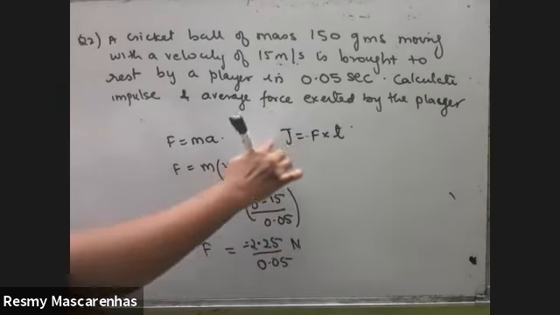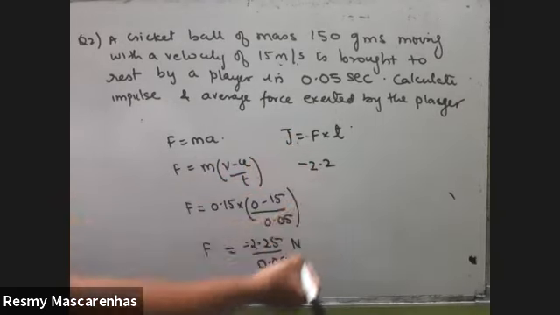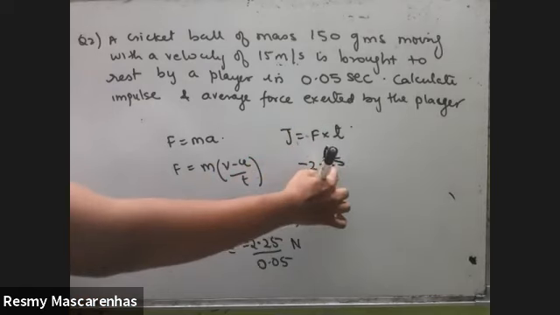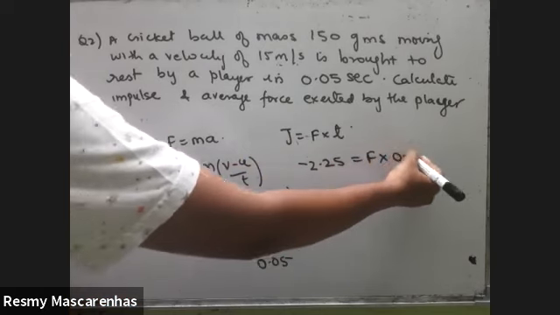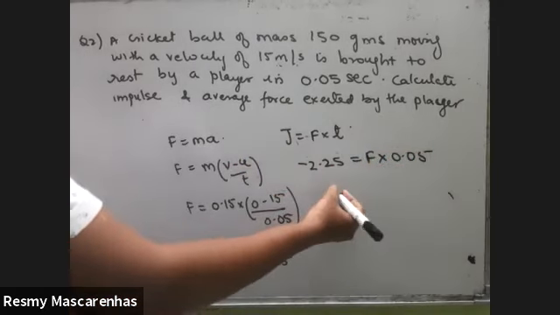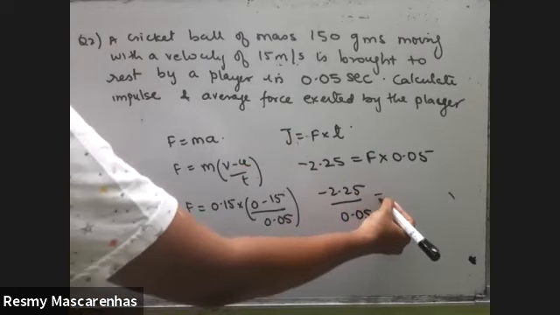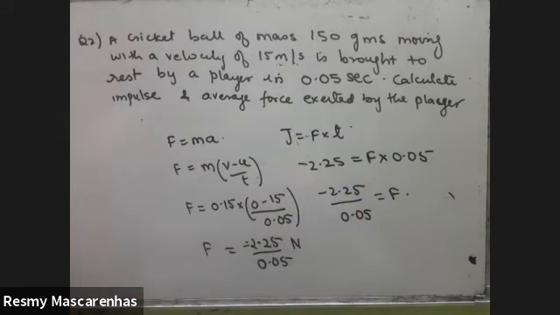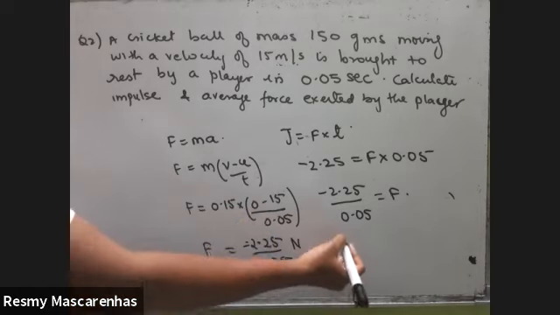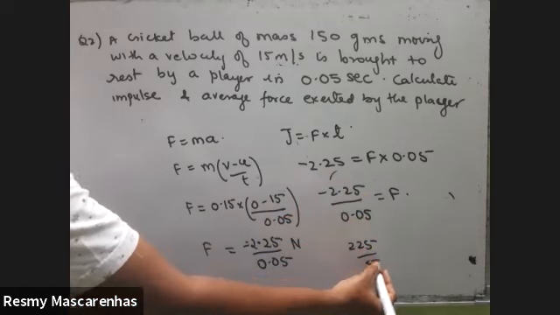Here J we have already calculated. Now J is nothing but an impulse. How much we had got? 2.25. Force is what we have to calculate. Time we already know. So minus 2.25 upon 0.05 is there. Both the ways we get the same answer. So 2 decimals we are shifting. So this will be 225 upon 5.